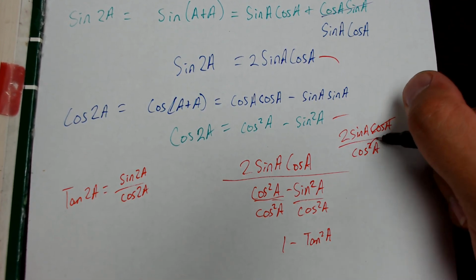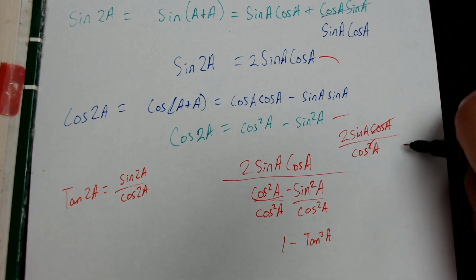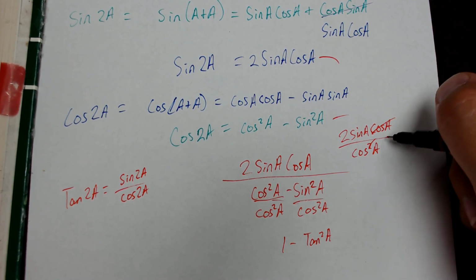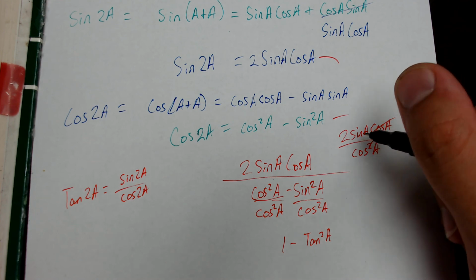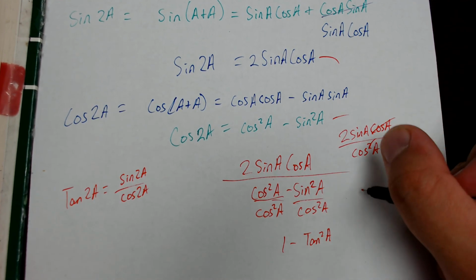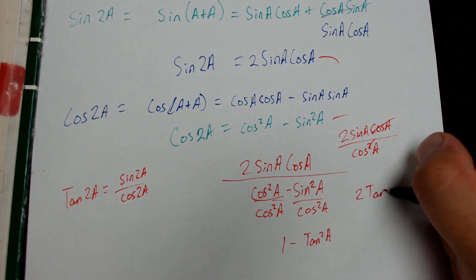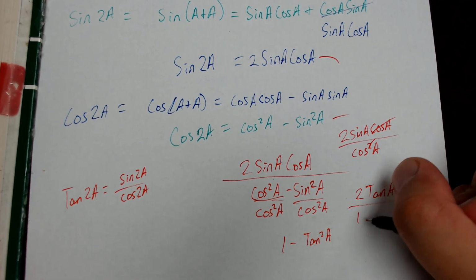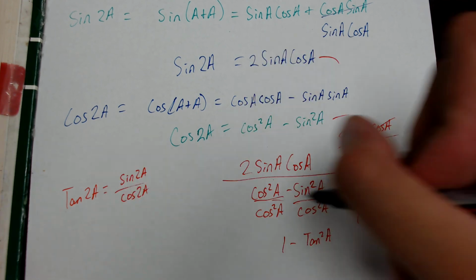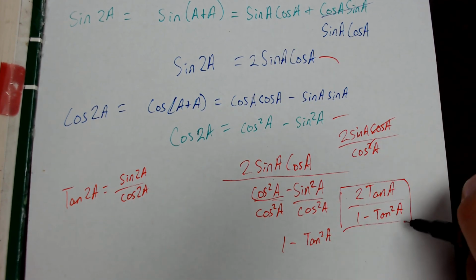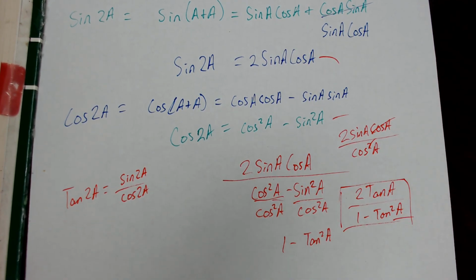I cancel one cosine for the exponent, so now it's just cosine of a. So now this becomes 2 times sine of a over cosine of a, which is actually 2 times the tangent. So 2 tangent of a over 1 minus tangent squared of a. There we go. That is the double angle identity for tangent.